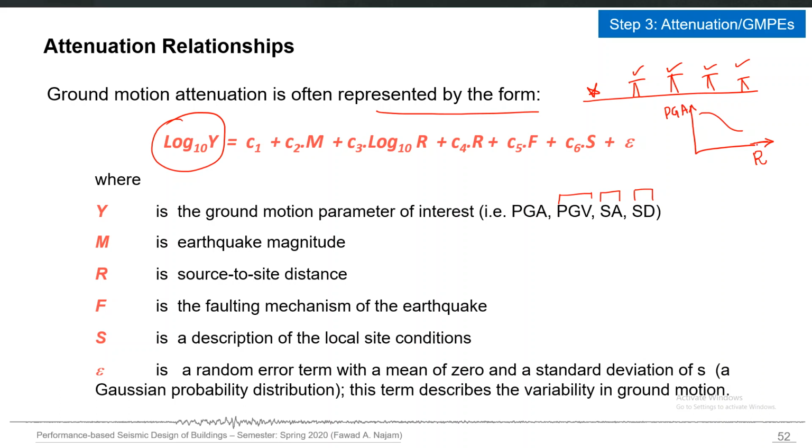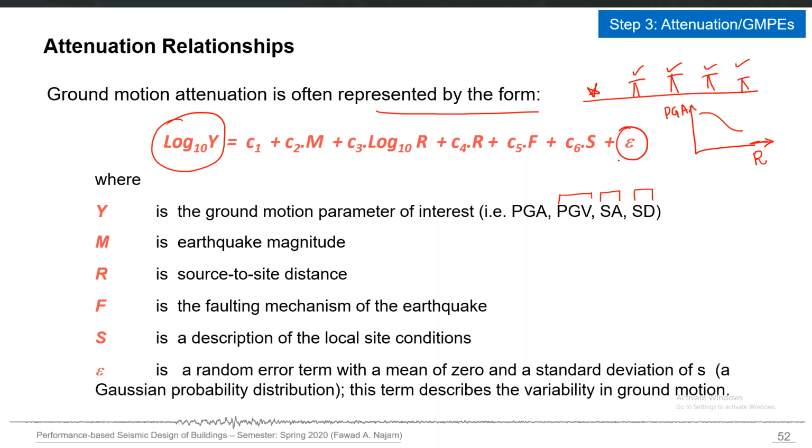So as the distance increases, the PGA value reduces. But this process is done for huge databases of different past earthquakes, and then finally, based on the statistical analysis, the final equation is proposed as the attenuation model.